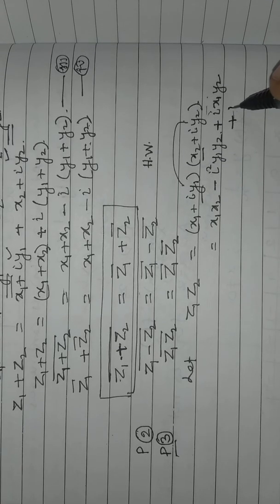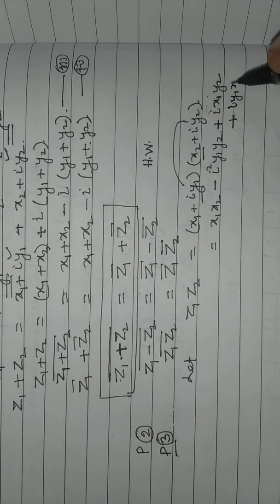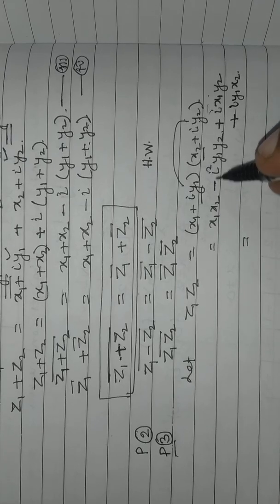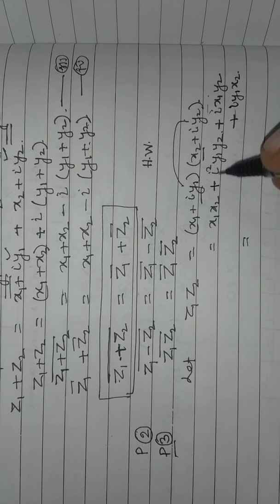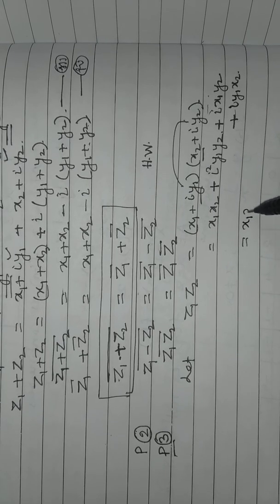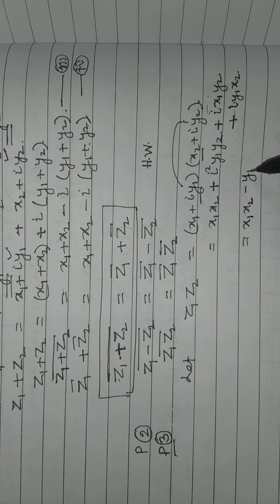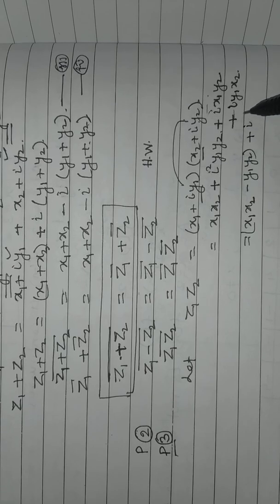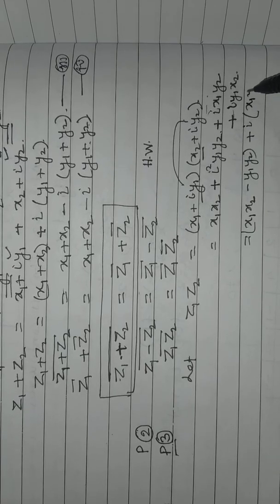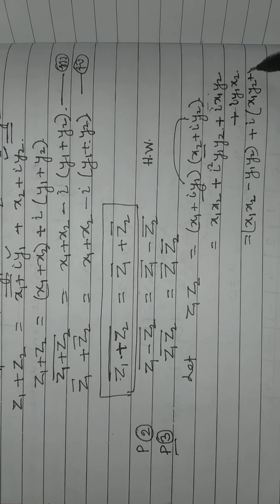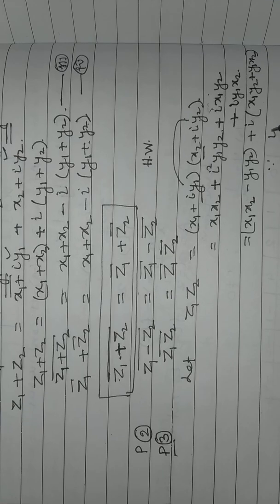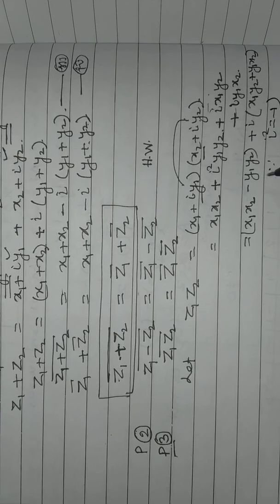So iota y1 x2. Here we substitute iota square is equal to -1, so x1 x2 minus y1 y2, and then take I common, x1 y2 plus y1 x2, since iota square is equal to -1.